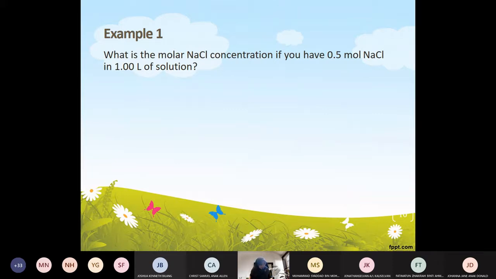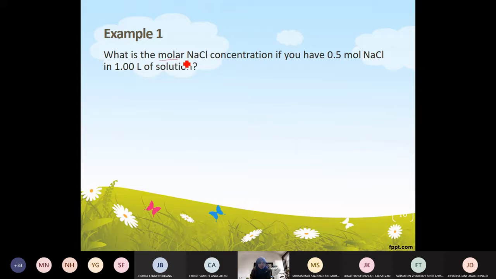Macam mana nak jawab soalan ni? Saya teringat Yuga tadi. Yuga, macam mana Yuga? Awak ada mic tak? Ada. Okay. So, macam mana Yuga? Tengok soalan nak apa?